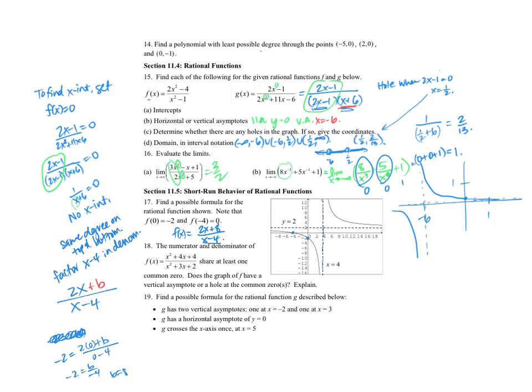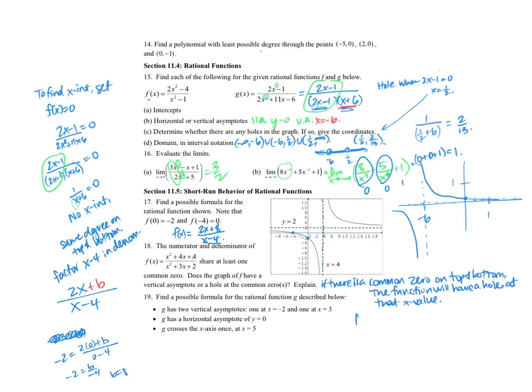The numerator and denominator share at least one common 0. Does the graph have a vertical asymptote or hole at the common zeros? Okay, so if there's a common 0 on bottom and top, it's going to have a hole. But I guess we can talk about that one in particular.